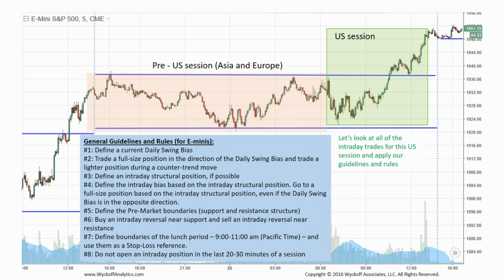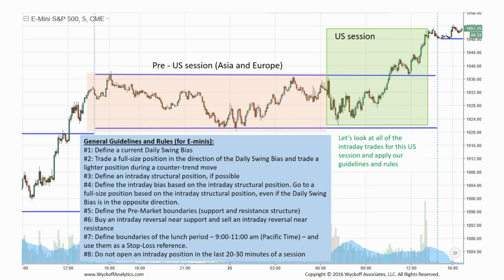Now with E-minis, because this is a 24-hour market and it only closes for part of the weekend, we're going to have really good data points, and it's not going to have the pre-market activity with the low volatility that we've had for stocks.